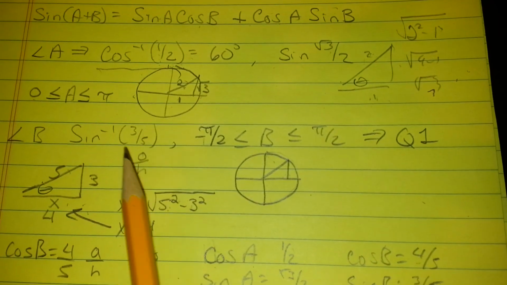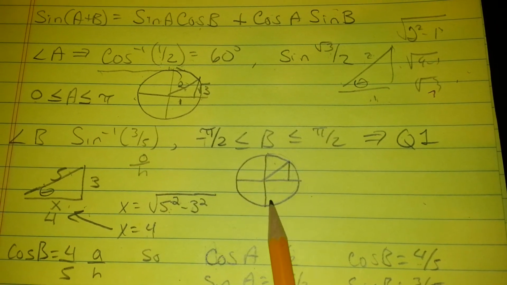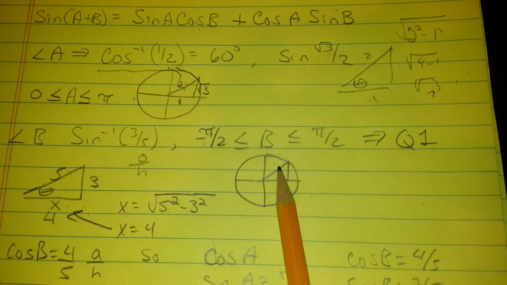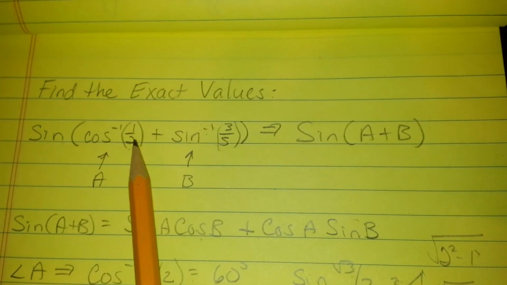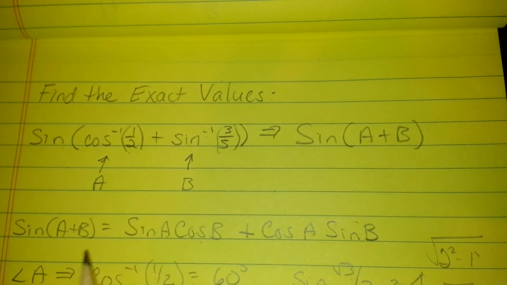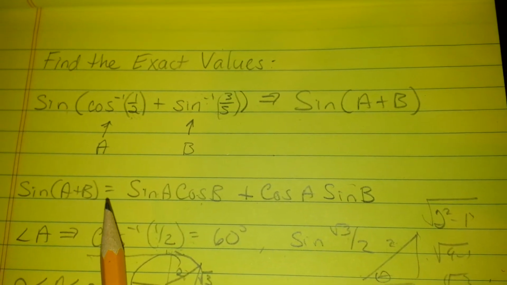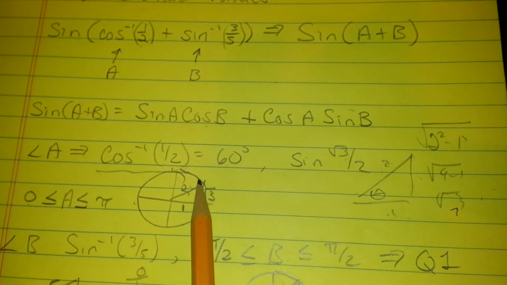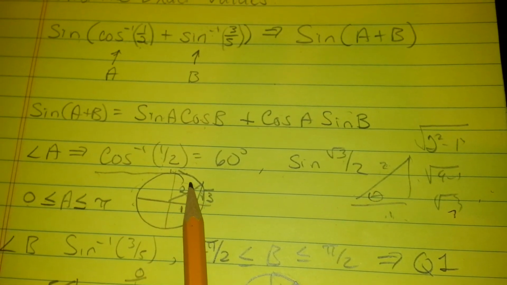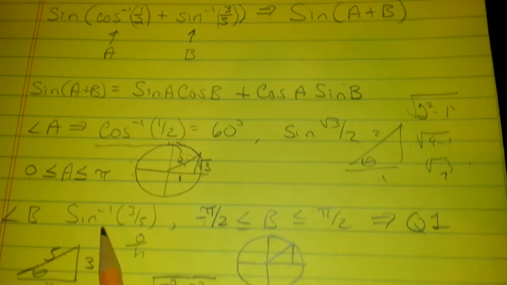For angle B, we exist in 1 and 4, but sine's only positive in 1, so that narrows it down. For cosine, we knew it was 60, but we were also given the restriction that angle A was between 0 and pi. Cosine's only positive here, so again, quadrant 1.